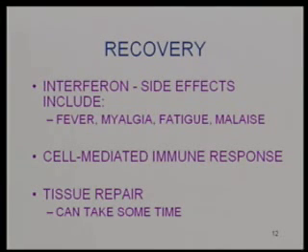But interferon will protect against the disease getting out of control, but it doesn't clear the virus. You're still going to get a cell-mediated immune response, and that will be involved in really tidying up the infection. And one of the things is that tissue repair can take quite some time. So the symptoms can be prolonged even after the virus is cleared, because you've got to repair that lung surface.